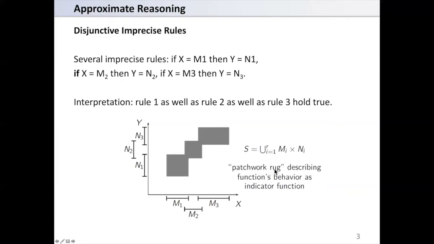The patchwork is describing the function's behavior as an indicator function. So for this gray region, the membership value is assumed to be 1 because these regions are described as crisp regions.